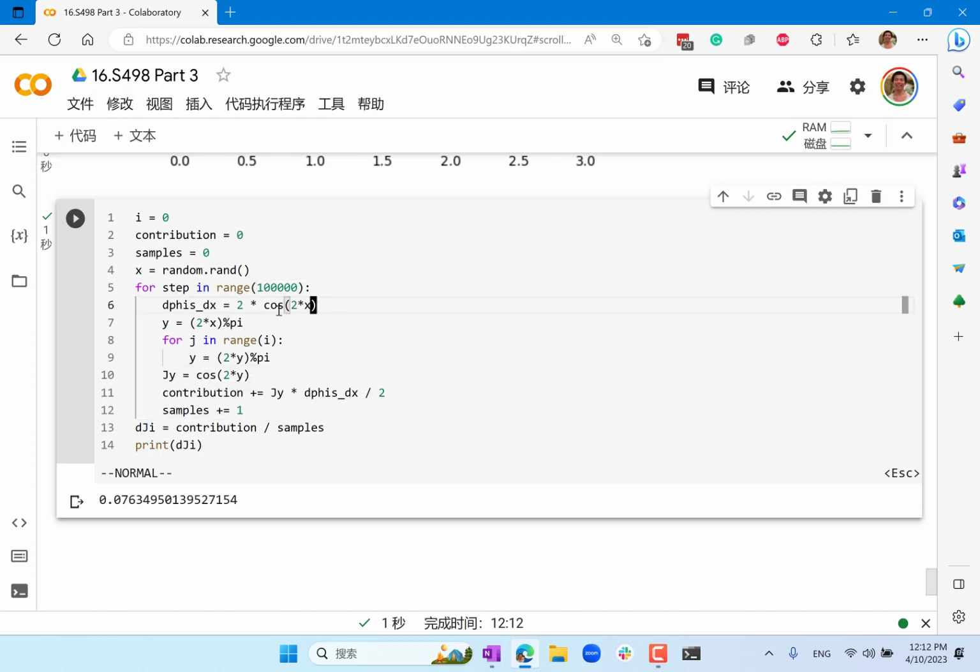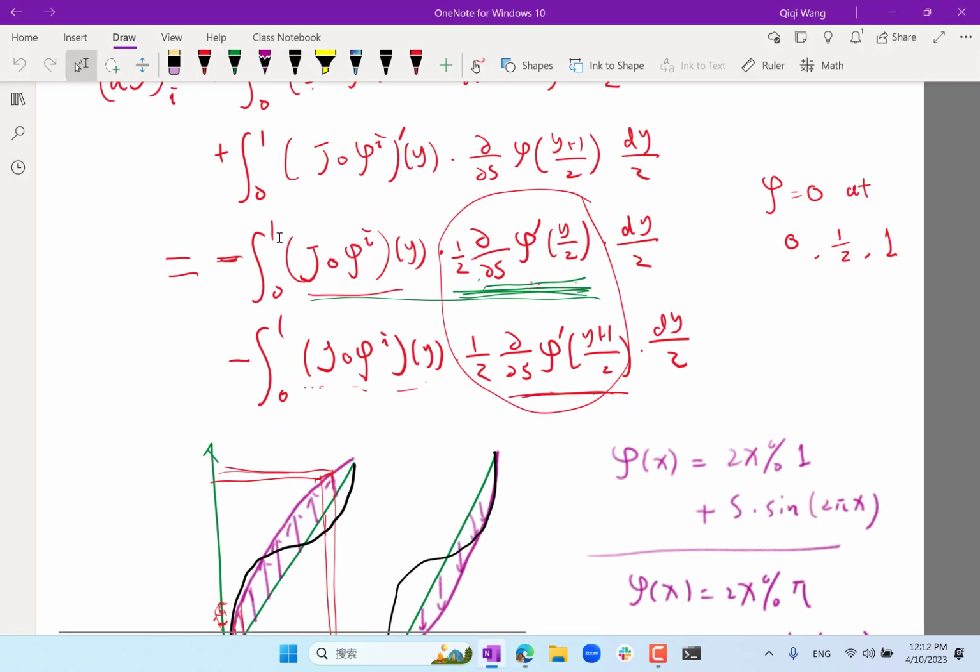The reason is that this loop wouldn't happen, right? Because I is equal to 0. So I'm just looking at the correlation between J composed with phi to the 0th power. So J and phi prime, but at the pre-image of y.